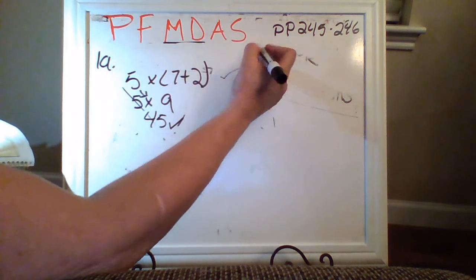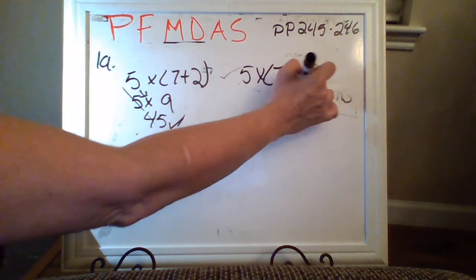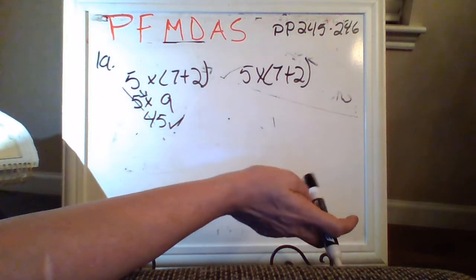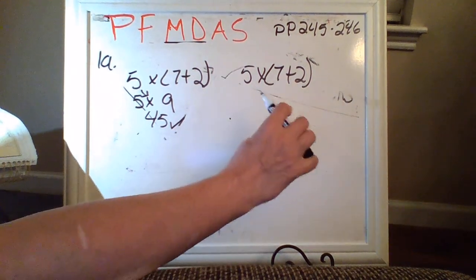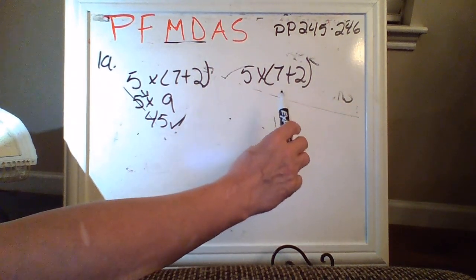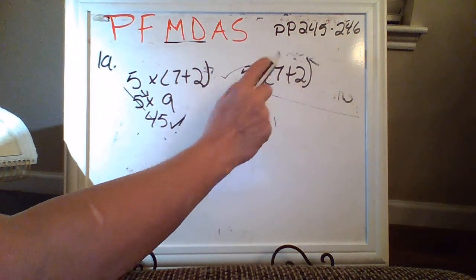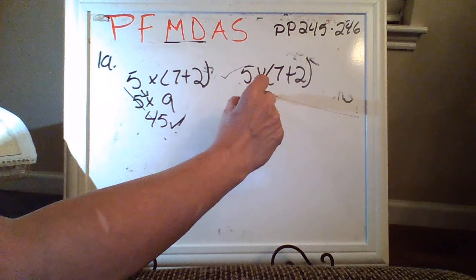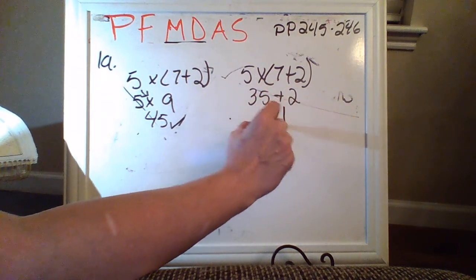I'm going to show you the incorrect way to do the problem. And it's a common way to do these problems, just move from left to right. I want to show you that when you do that, you get these answers wrong. If I were just to do these from left to right, it would be 5 times 7 is 35 plus 2, and my answer would be 37.